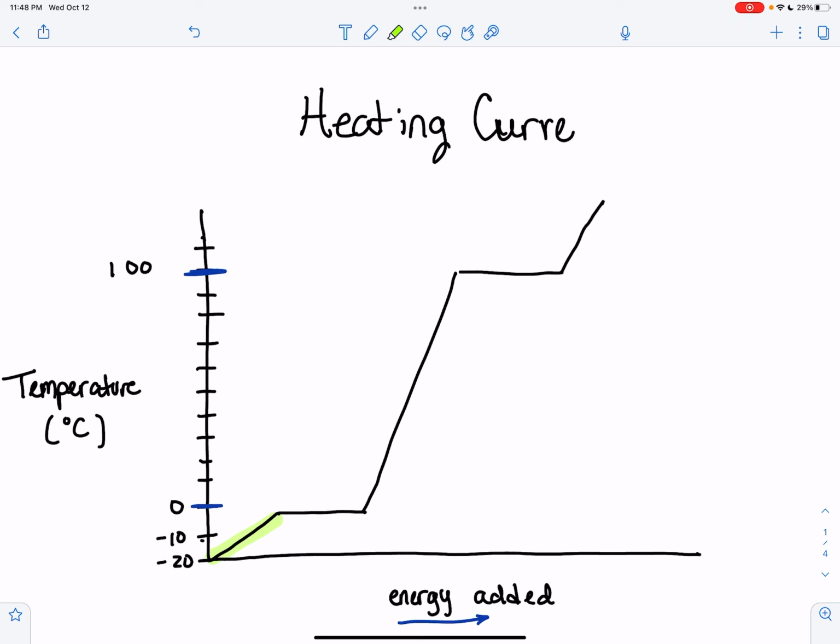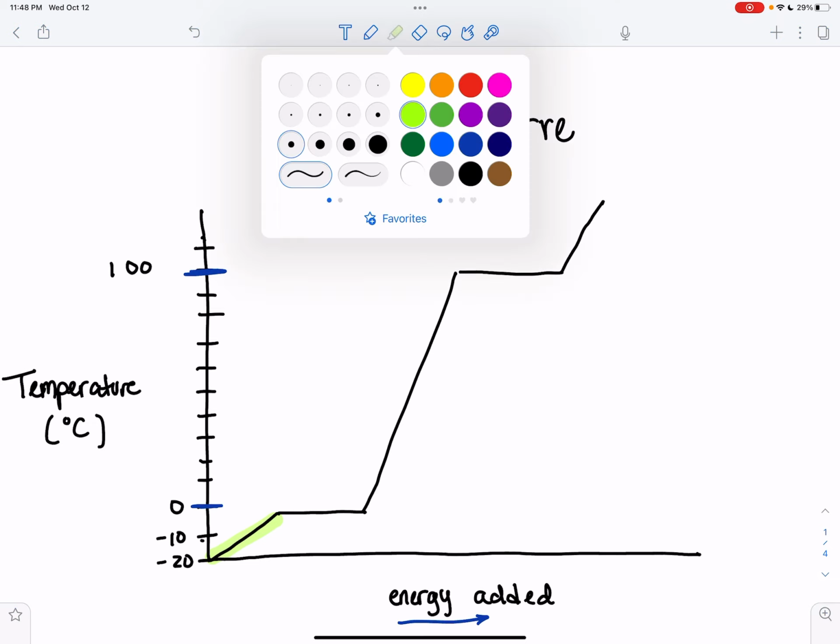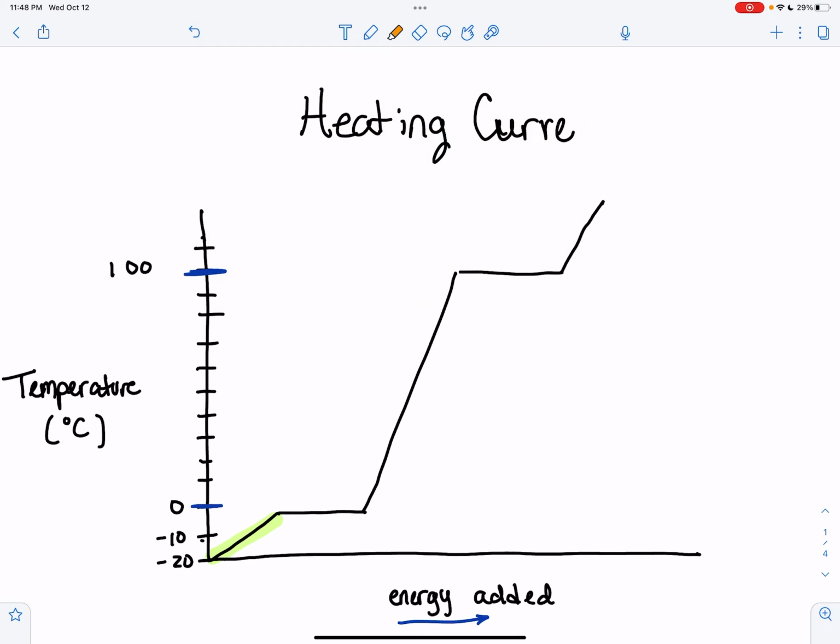So the ice can warm up to 0, but you don't get ice that just stays ice at room temperature. It's always a liquid phase. To get to the liquid phase, you have to go through what we call a phase change. We already talked about that in the other section about phase changes.